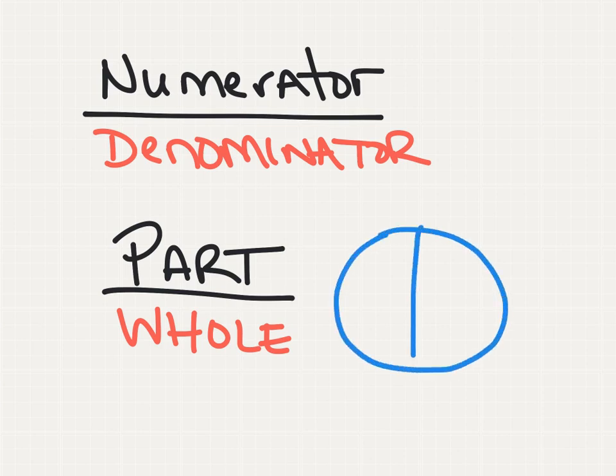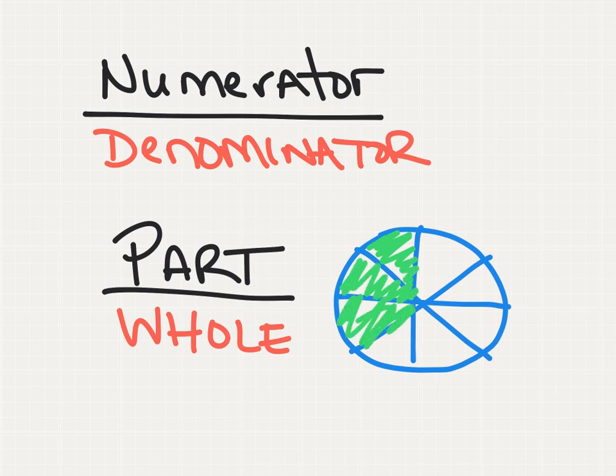and I sliced it into 8 slices, and I were to represent the number of slices that I ate, let's say I ate 3 of them, then we could say that I ate 3/8 of the pizza.